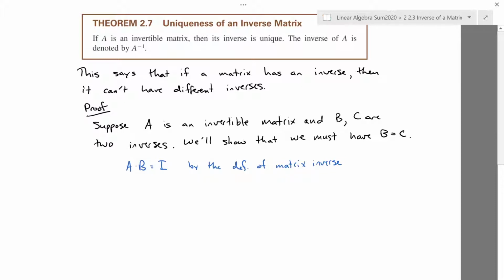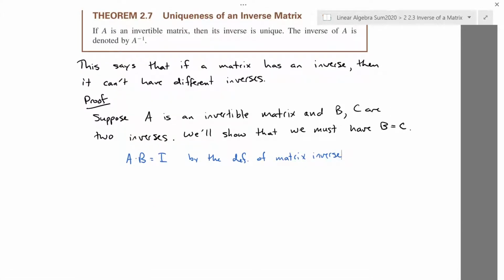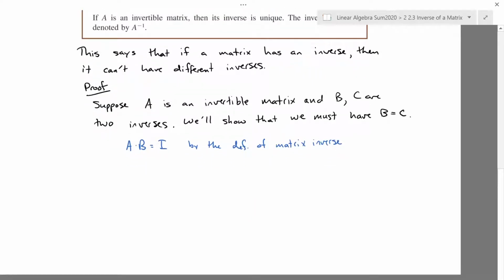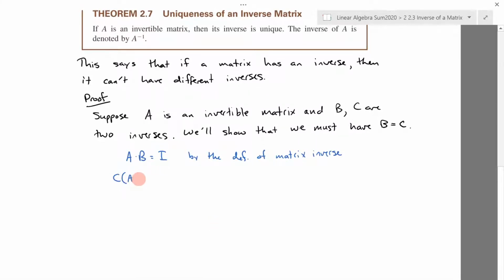So I have that A times B is the identity matrix, and I multiply both sides of this equation on the left by C. Then let's apply the associative property of multiplication to move the parentheses.